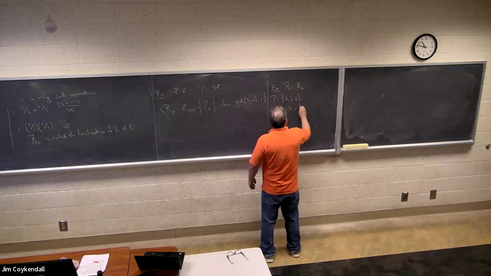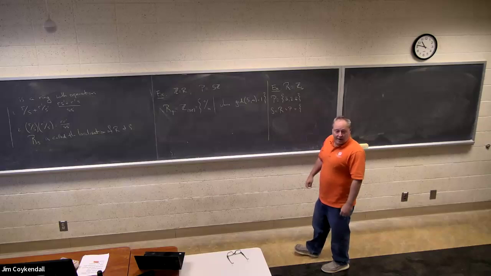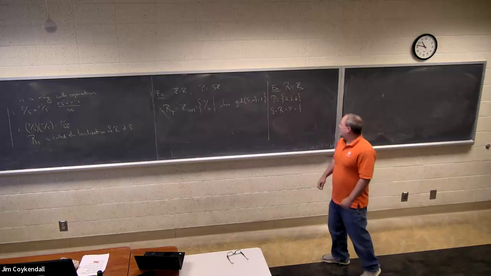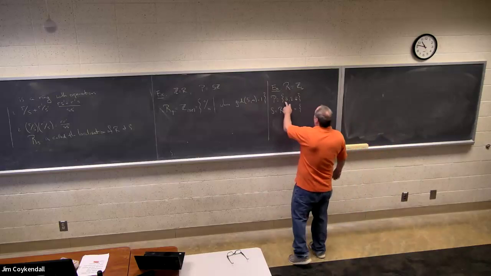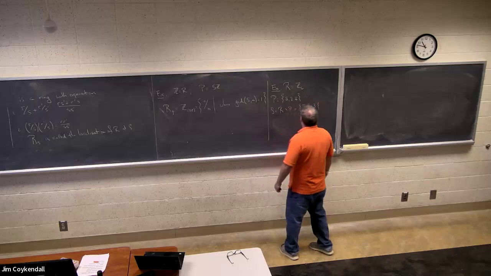Let S be a set of elements that are not in it. If there's anything to what we've done before, there should be a saturated multiplicative set. So everything in Z6 that's not this, I guess, is 1 bar, 3 bar, and 5 bar.